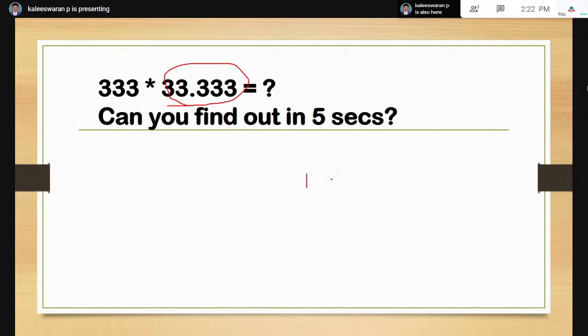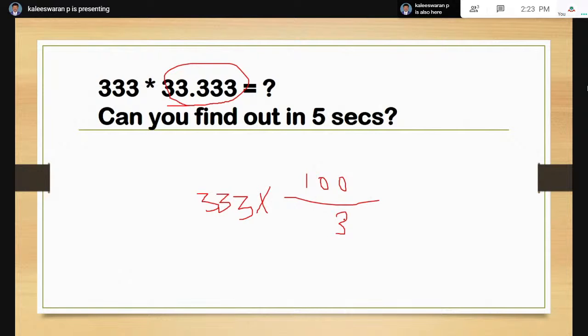Okay, 33.33 is 100 by 3. So instead of 33.33, we can use 100 by 3. So 333 into 100 by 3.